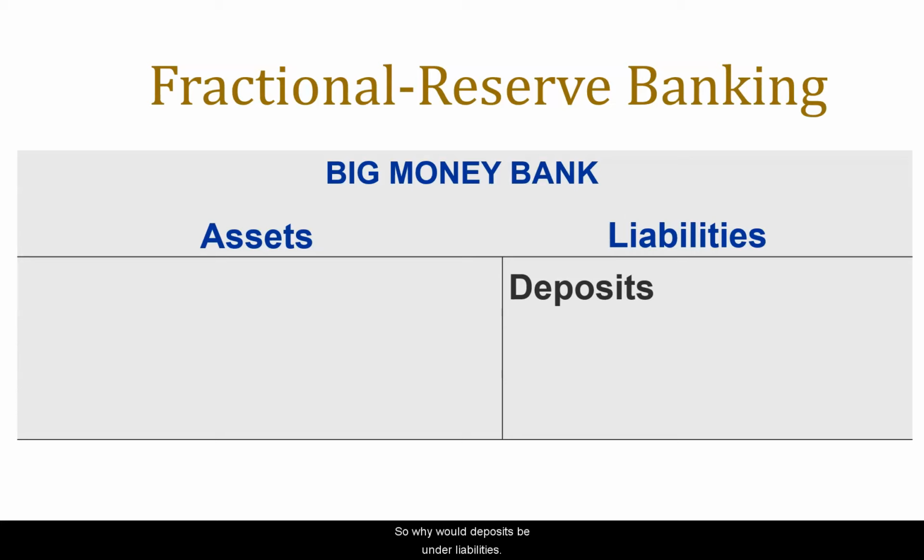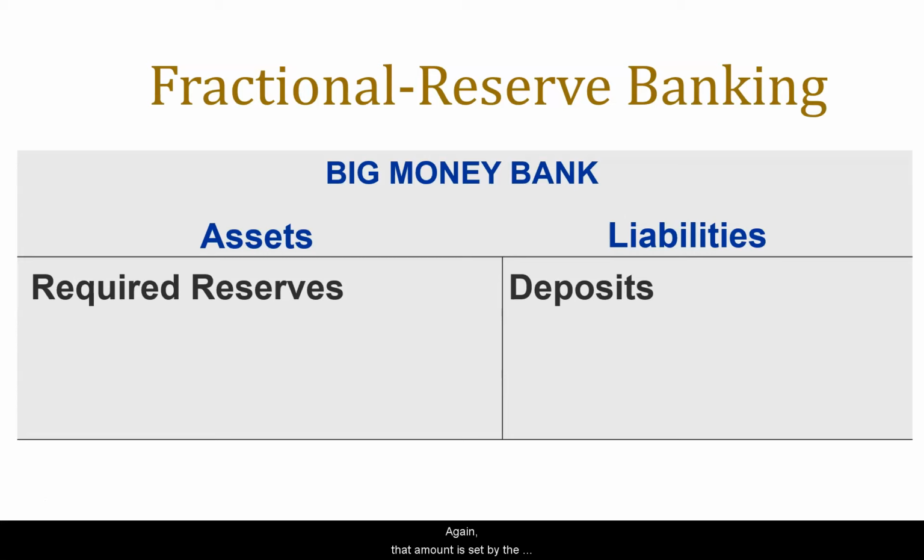So why would deposits be under liabilities? Well, at any moment, you can return to the bank and withdraw your deposit from the bank. But let's say you want to keep your deposit in the bank. With your deposit being represented on the right side, on the left side, you have required reserves, which are defined as the currency that banks hold in their vaults.